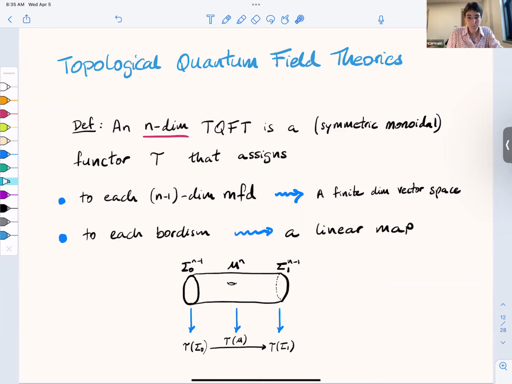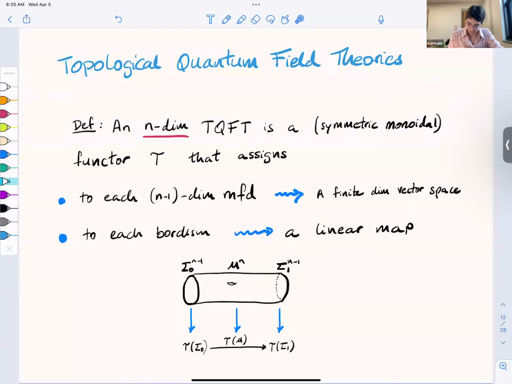It's a symmetric monoidal functor because it works well with disjoint unions and tensor products. It's a functor between the cobordism category and a category of vector spaces.